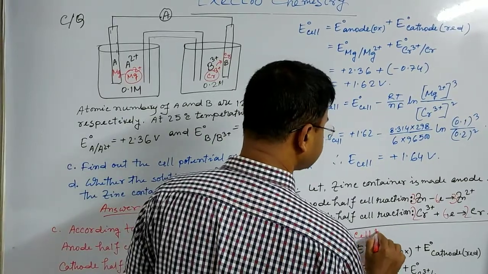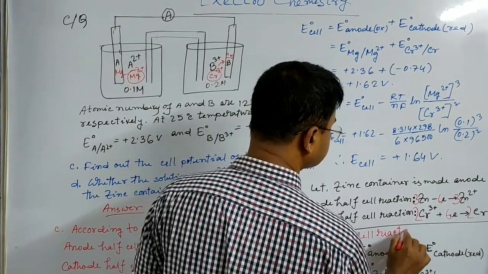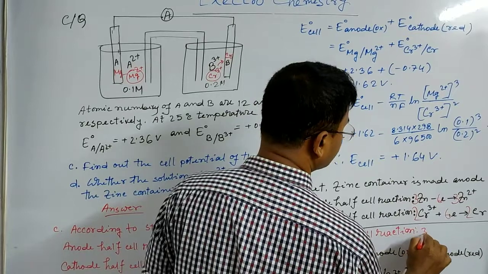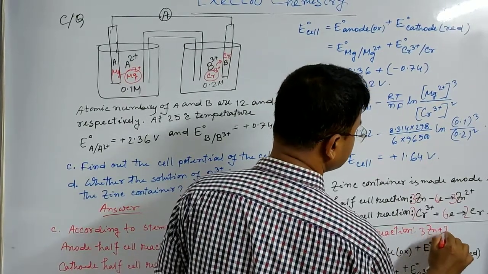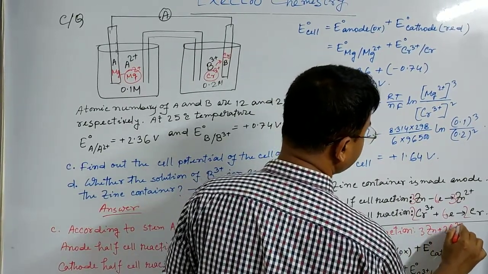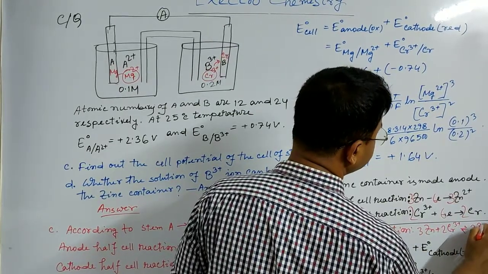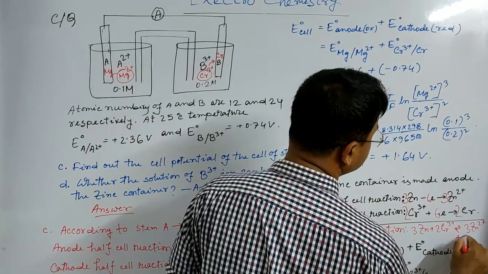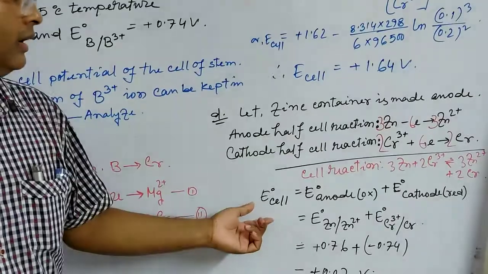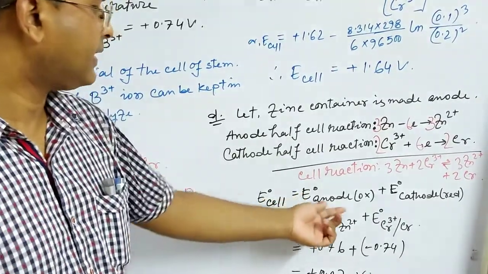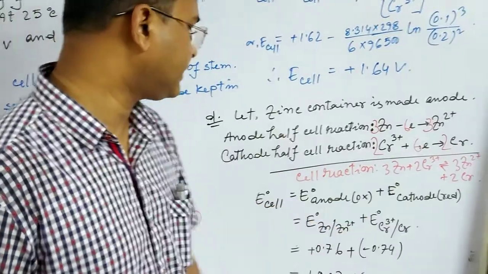The cell reaction is actually 3 zinc plus 2 chromium 3 plus, reversible sign, 3 Zn2 plus plus 2 chromium metal. Standard cell potential equals standard anode oxidation potential plus standard cathode reduction potential.